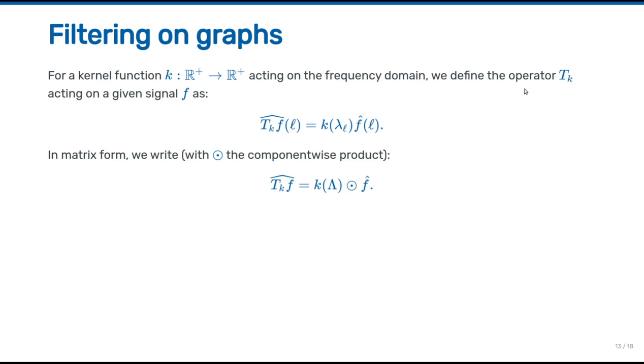So now the operator T_k corresponding to the action of the kernel is written like this. So this is a simple multiplication, as I said before, of my Fourier mode times the kernel applied to the frequency corresponding to this mode.